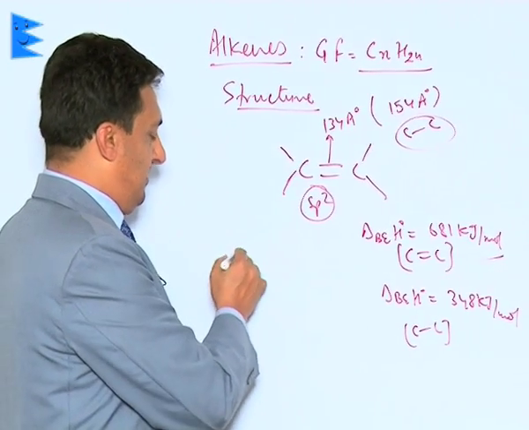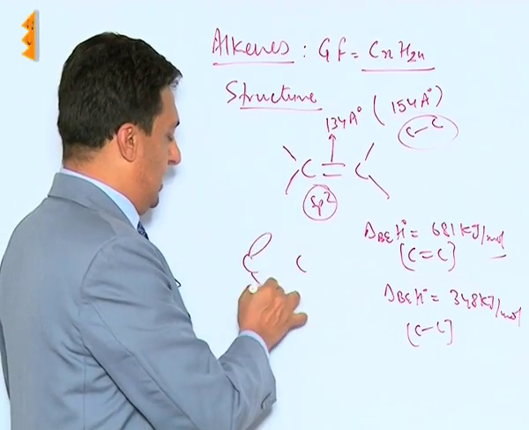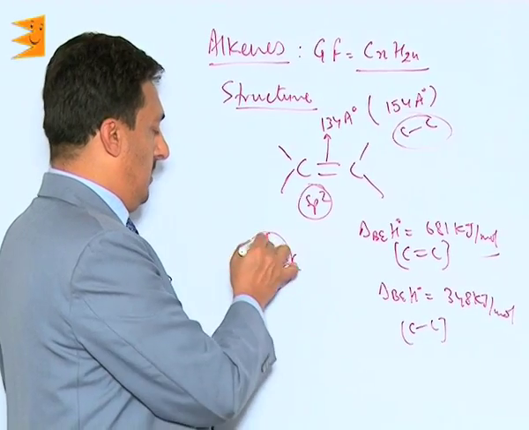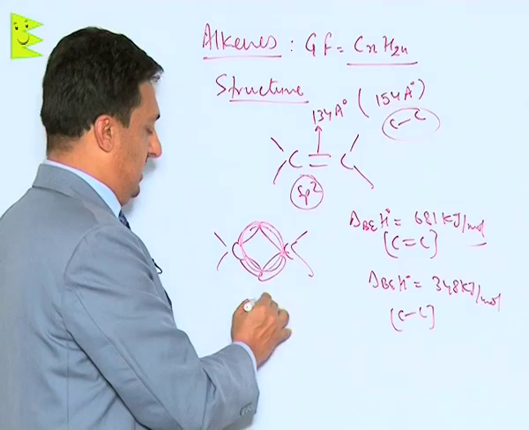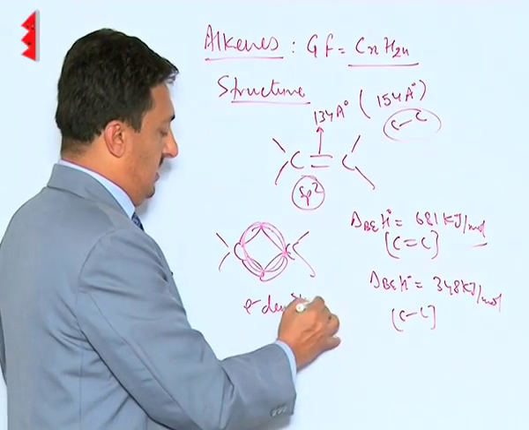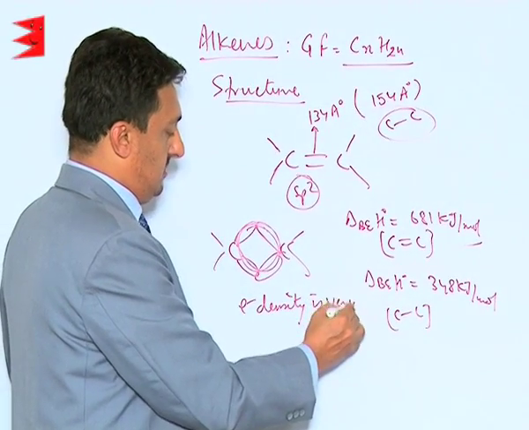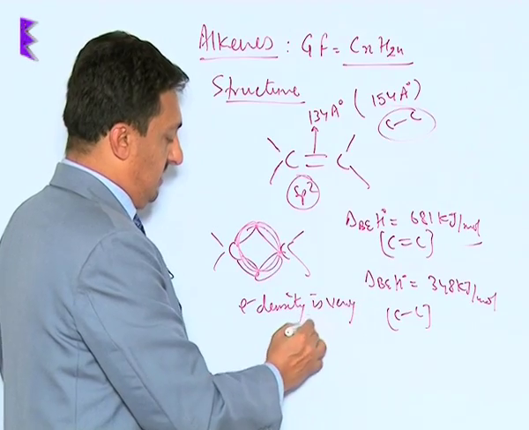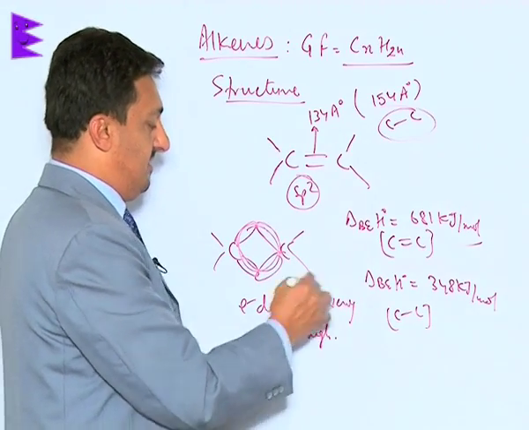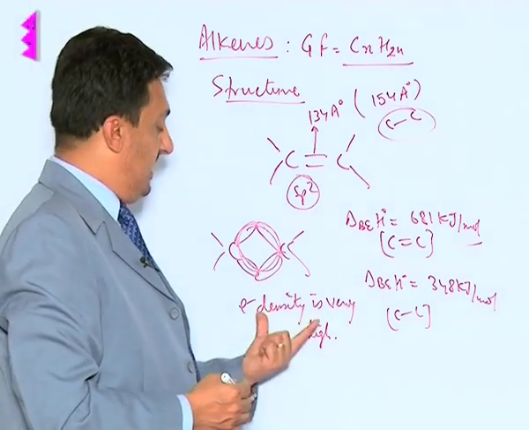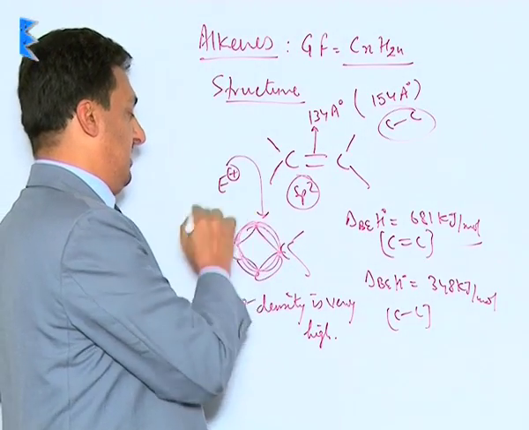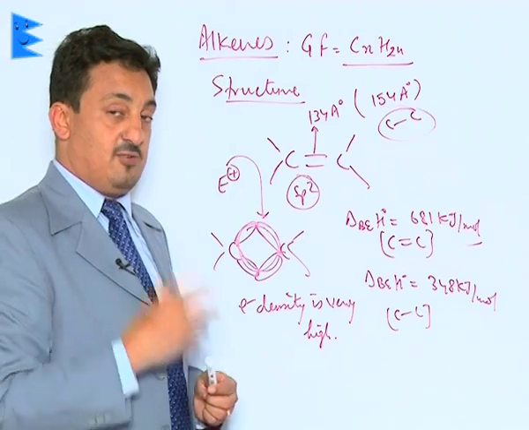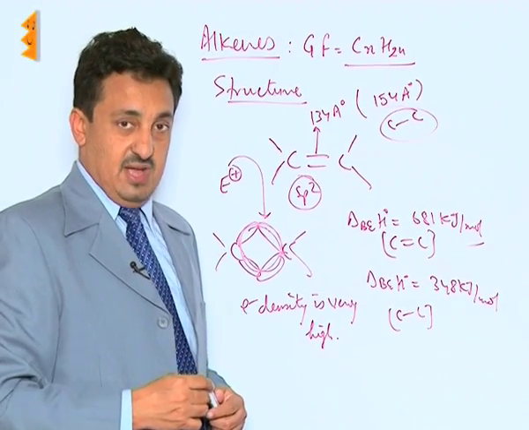Another important thing is that since these two carbons are sharing one electron each in the form of the pi bond, the electron density is very high. And as a result, due to this high electron density, electrophiles, the species which attack on this, are attracted. That's why they show electrophilic addition reactions.